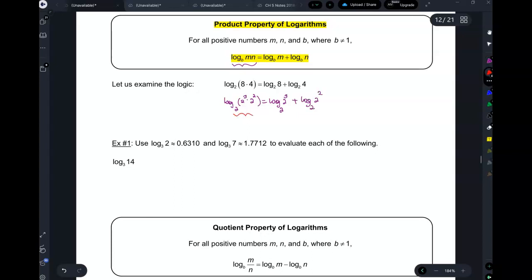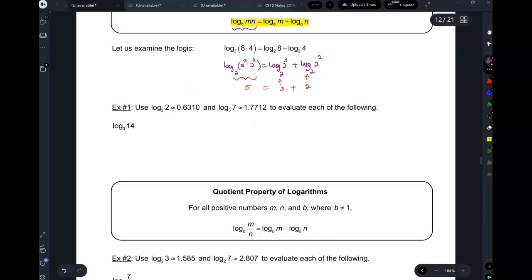And so here, the total exponent is 5. The exponent here is 3. The exponent here is 2. So 5 does equal 3 plus 2, right? That's sort of where the property comes from. Okay, let's take a look at this one.